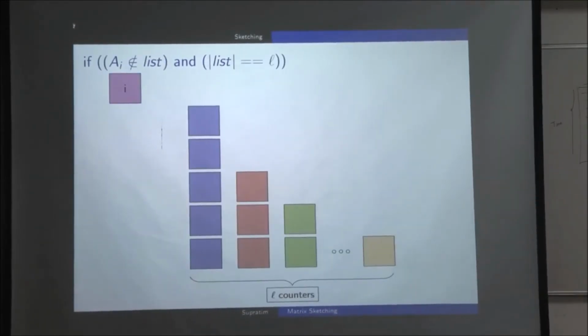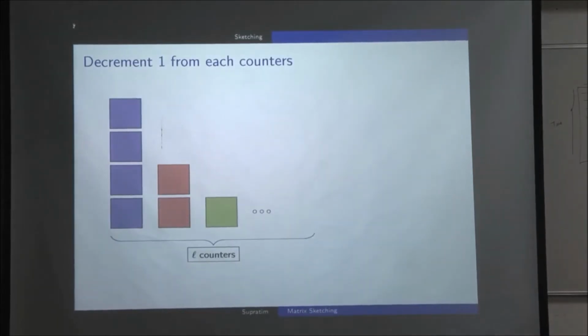And then the final case that I told you about is when the item is not present in the list and the list is full. Then we will simply decrement the count value of every counter in the list. So that is what is happening over here. And we will keep on doing this until the end of the stream.